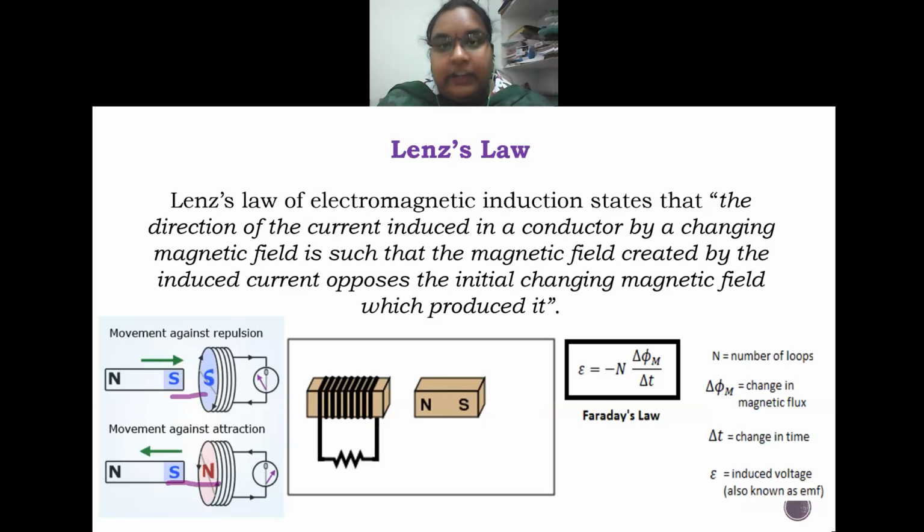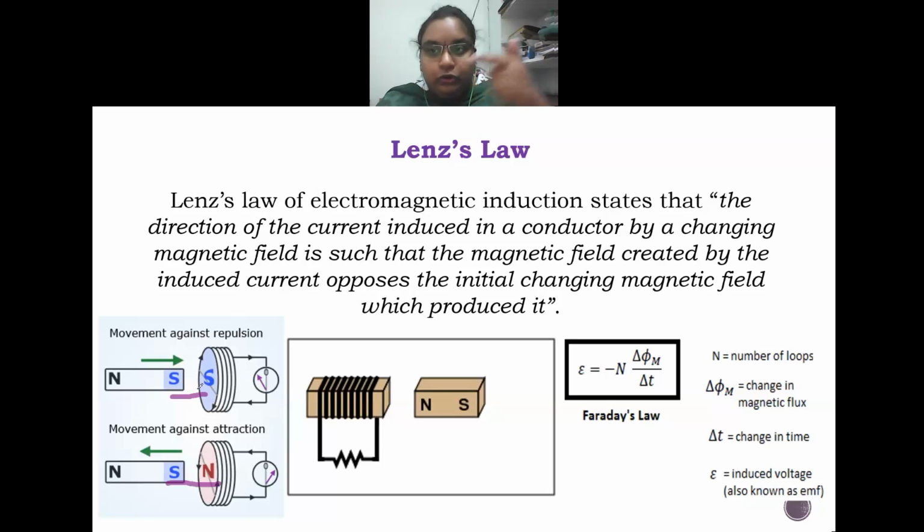That means whatever might be the situation, whether it is moving towards it or away from it, it always opposes what is causing it. If the magnet is moving towards the conductor, the conductor will oppose it. If the magnet is moving away, it will try to attract it. So whatever might be the action, it will give you an opposite reaction.